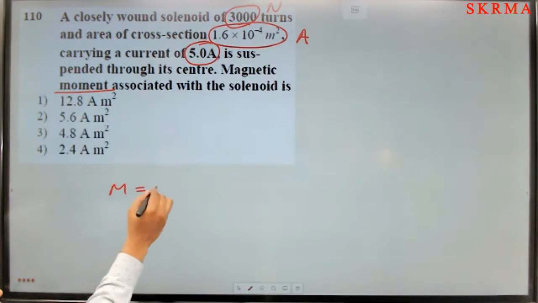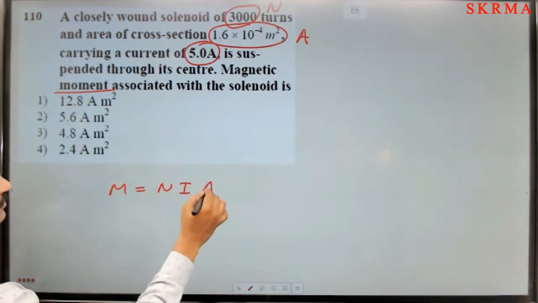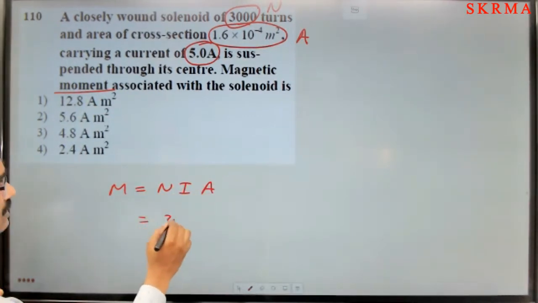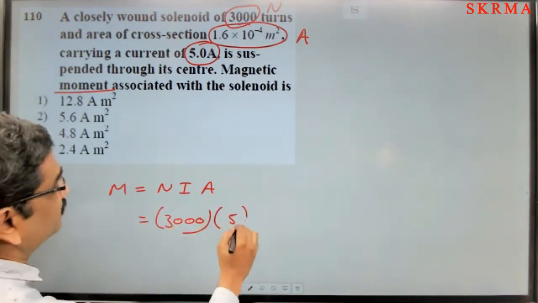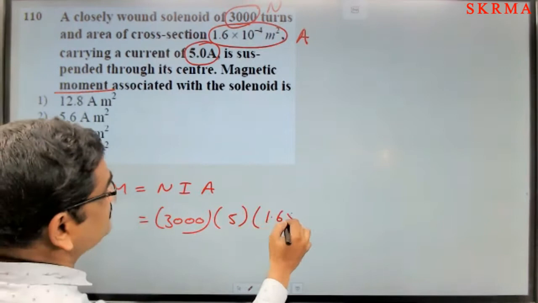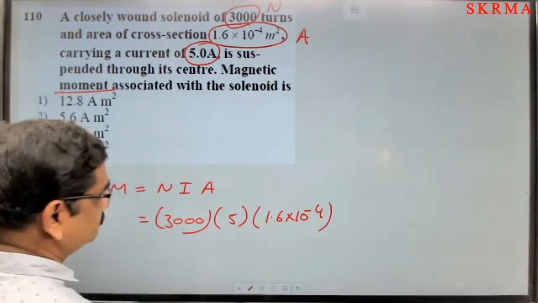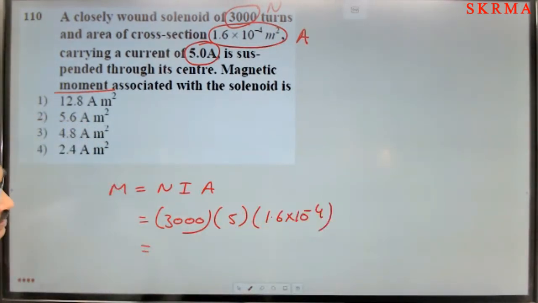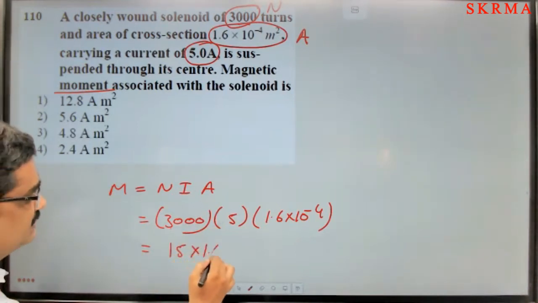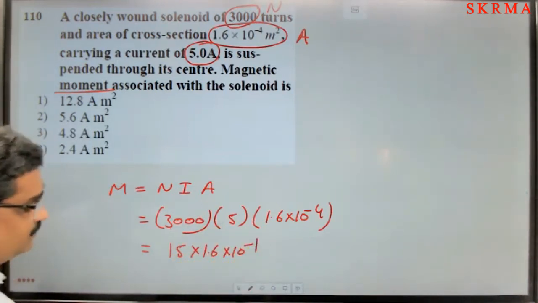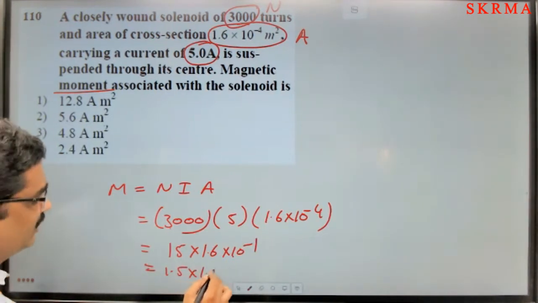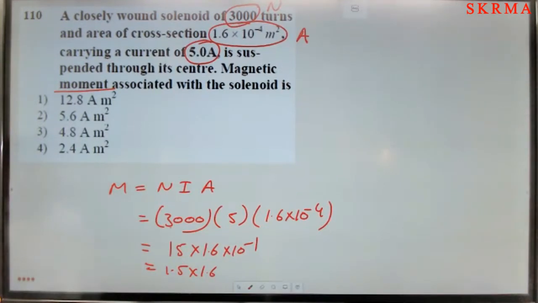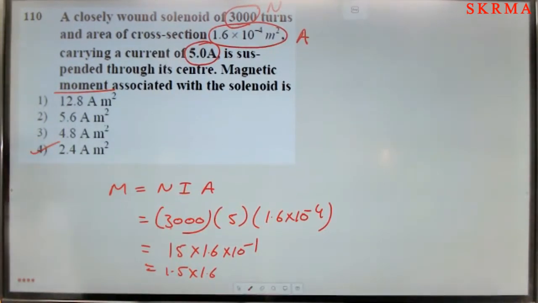The magnetic moment formula is NIA: number of turns 3000 into current 5, into area 1.6 into 10 power minus 4. So this is equal to 1.5 into 1.6, so nearly 2 point something. So 2.4.